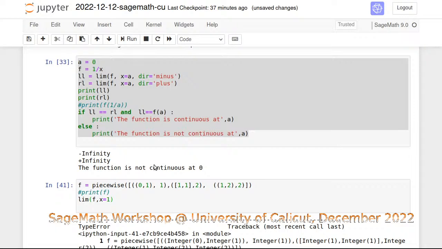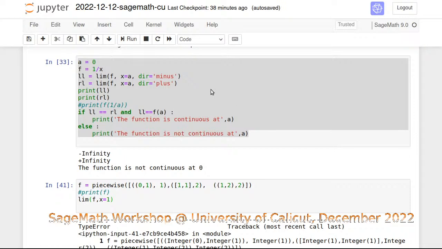Maybe I can use, what should I do? So let us just see limit. Piecewise function and limit, just searching if Sage is accepting that.